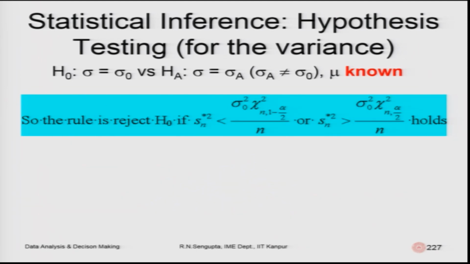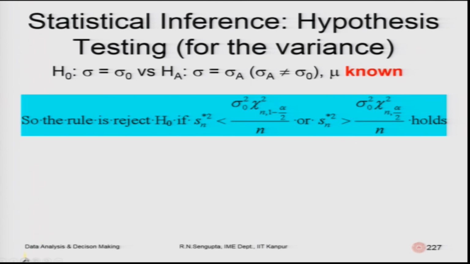Now, the final case, under the statistical inference problem for hypothesis testing for the variance: under H naught sigma is equal to sigma naught and under H A sigma is equal to sigma A, but in this case sigma A is not equal to sigma naught and the mean value of the population is known.